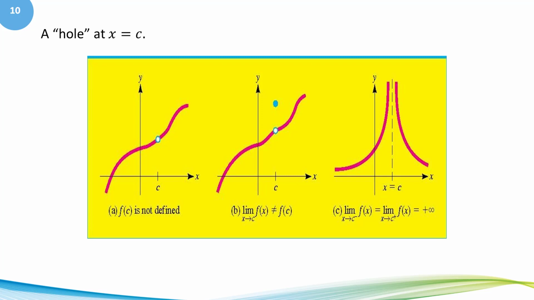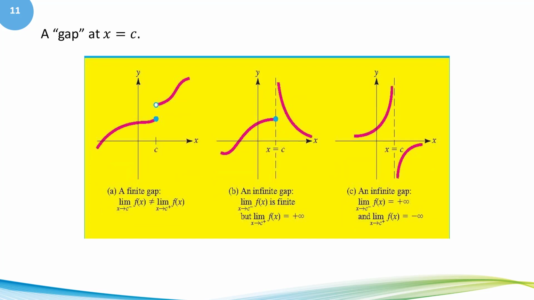On the left, there's a hole at c where f(c) is not defined, while in the middle, there's a hole at c but f(c) is defined, although it is different from the limit. On the far right, both limits are infinite and f(c) itself is not defined.